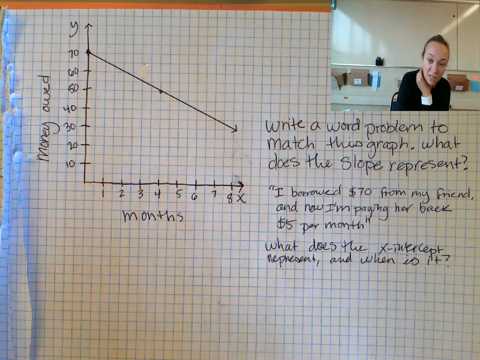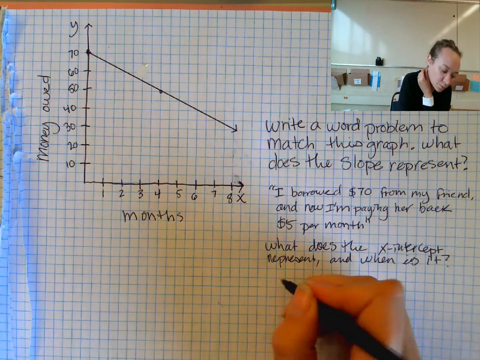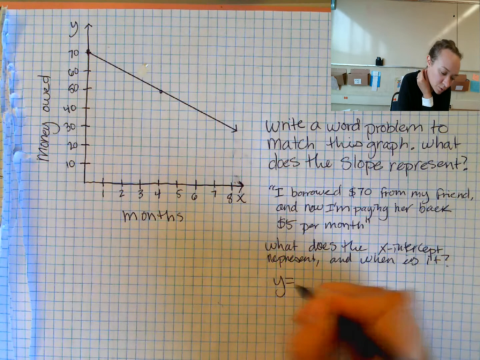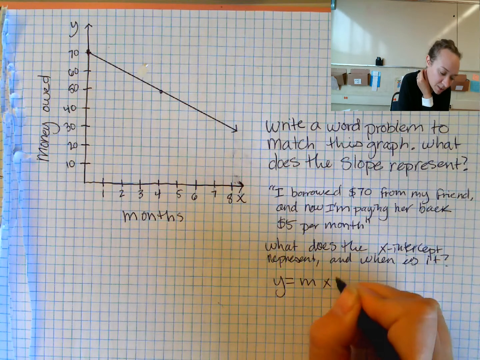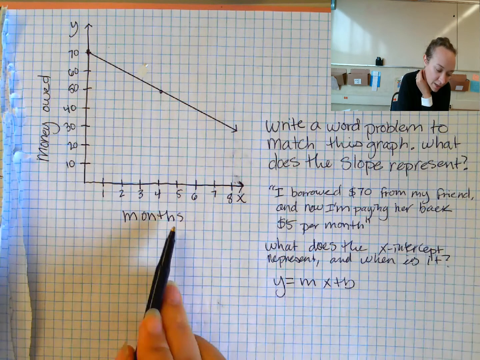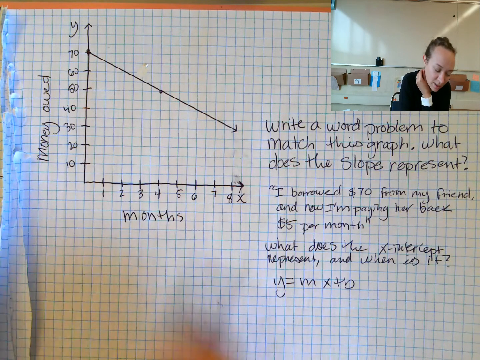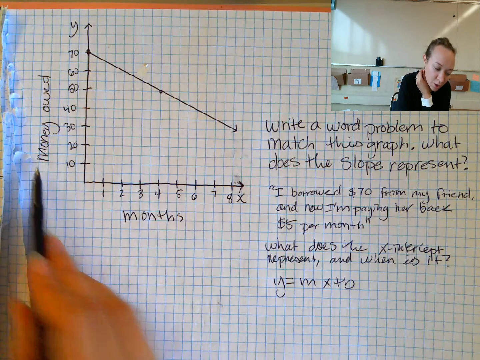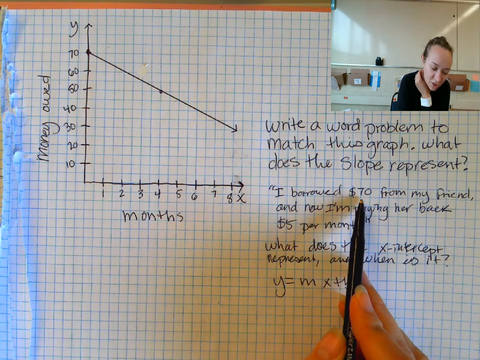So you're going to need to have a rule for this. So we know we're doing y equals mx plus b. They've already told us that our x is months, our y is money owed. We borrowed $70 from our friend. That's our starting value.